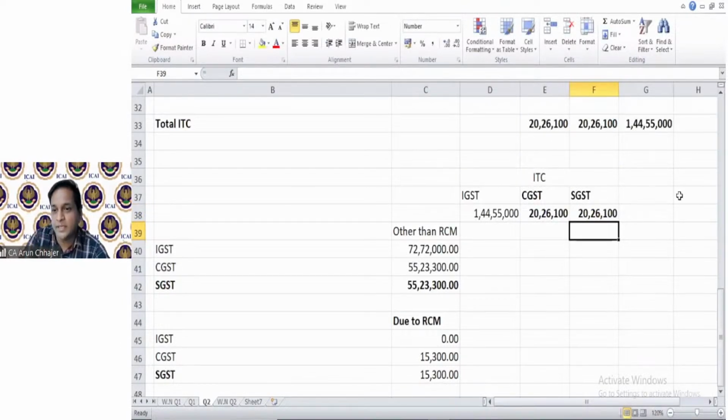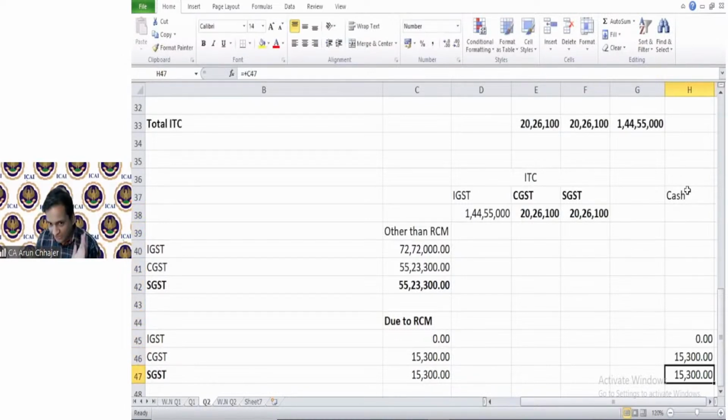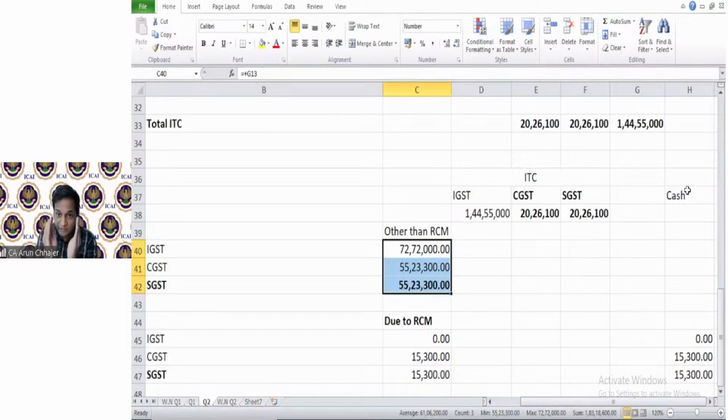Please tell me how much amount I have to pay in cash. One thing we know is that RCM liability will always be discharged in cash. So I have calculated for RCM. Now you all need to calculate and tell me for this tax liability. You have in front of you the total ITC and the total tax liability other than RCM.